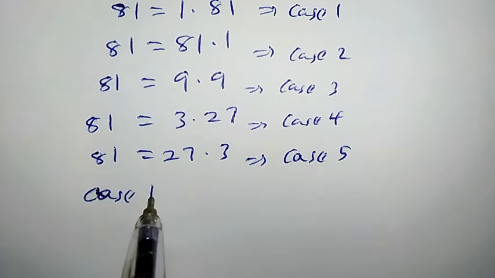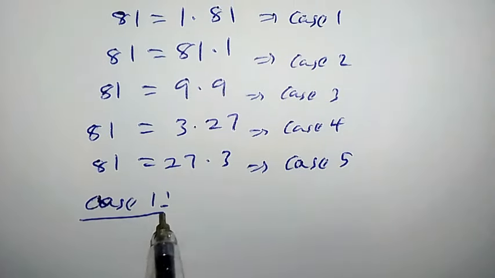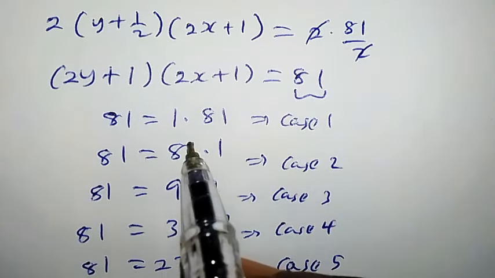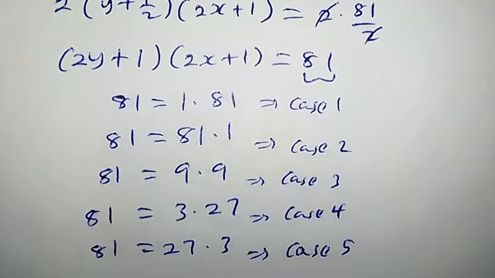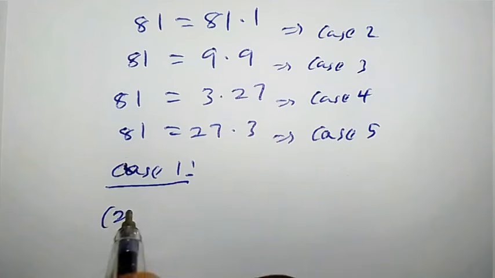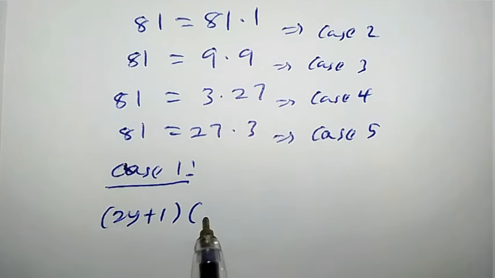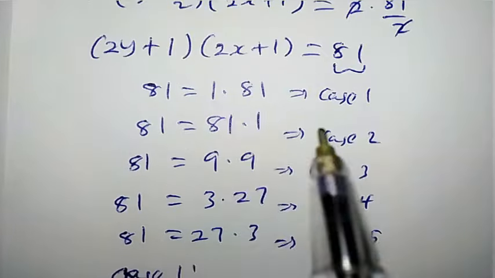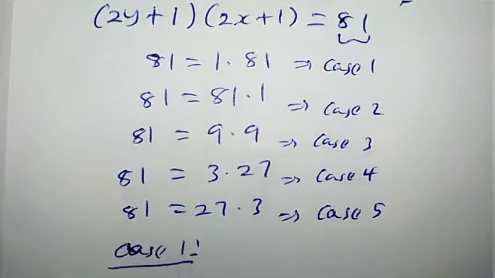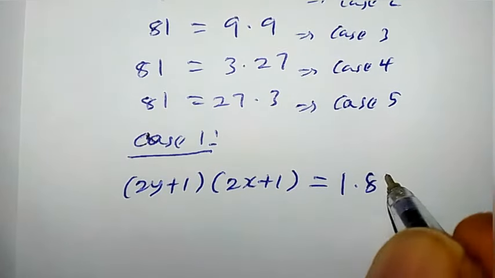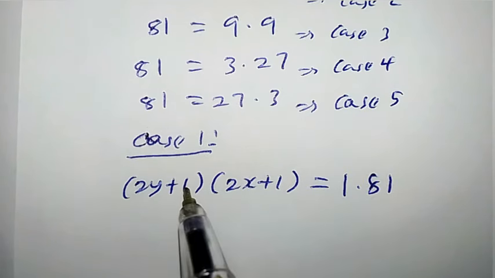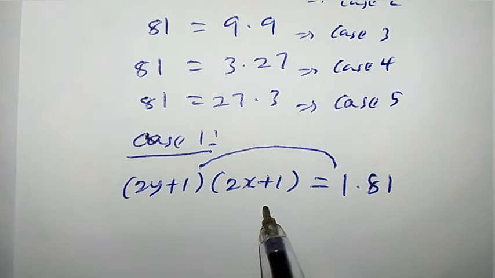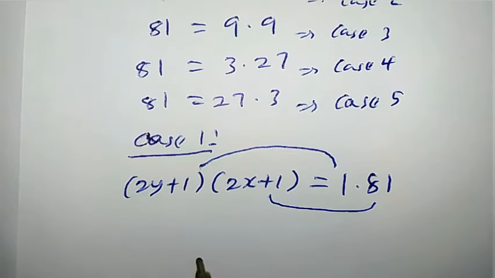For case 1, we are going to replace this 81 with 1 times 81. So we have (2y plus 1) times (2x plus 1) equal to 1 times 81. By comparing, 2y plus 1 goes to 1 and 2x plus 1 goes to 81.